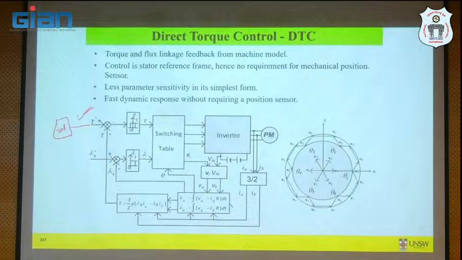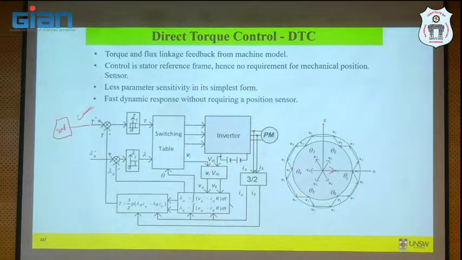But then you may ask me, why then we don't use DTC all the time? Right? What's the issue with DTC? The main issue with the classic DTC is that because it is switching table based, you are not producing the space vector continuously. You are actually producing these space vectors discretely.